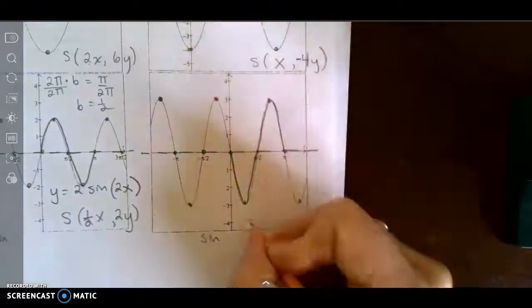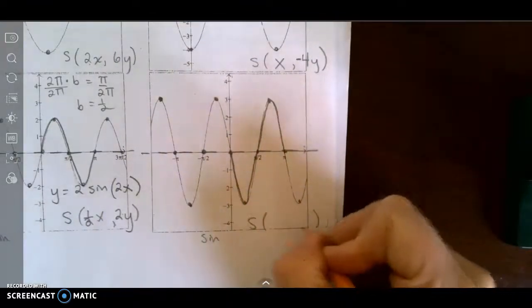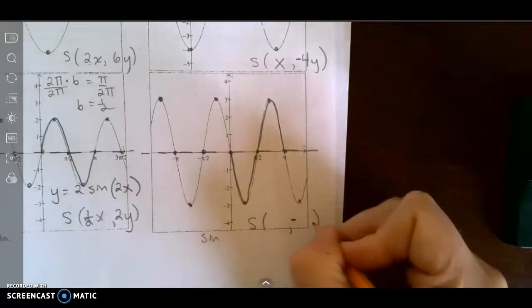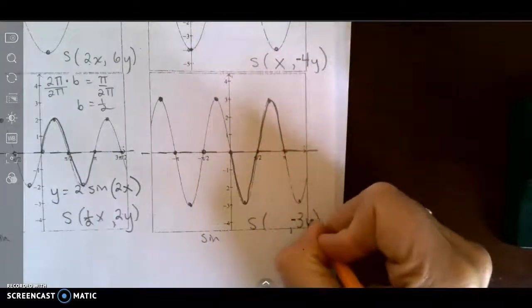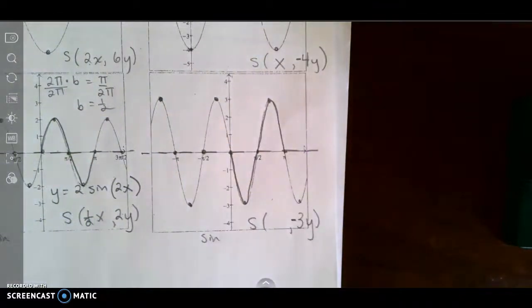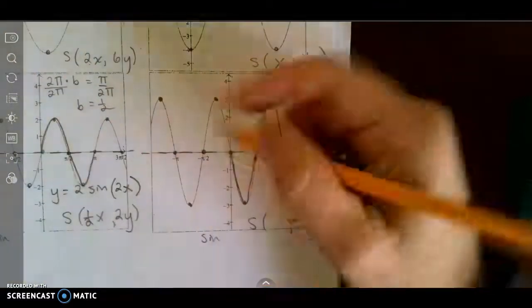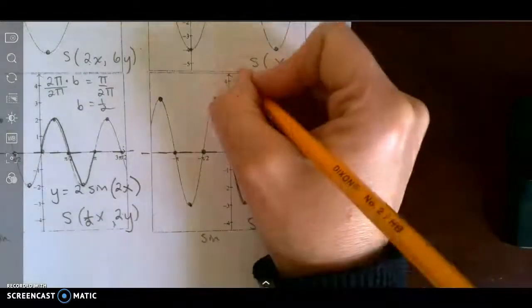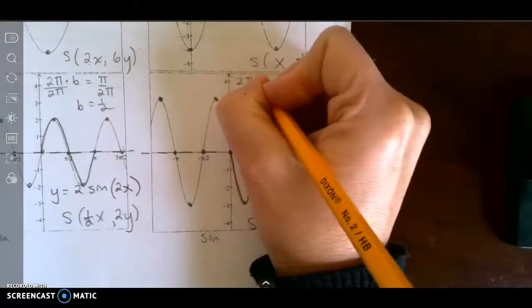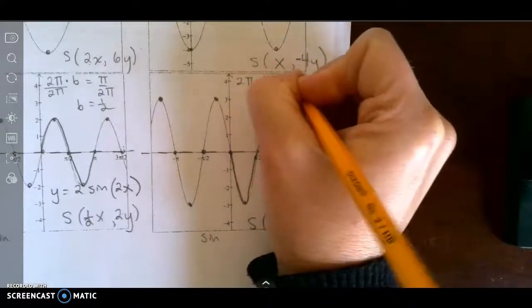Notice it's upside down, so it is going to be a negative on the y, and it's 3 up and 3 down, so negative 3y. Then for my x scale change, full period is pi, so 2 pi times b equals pi.